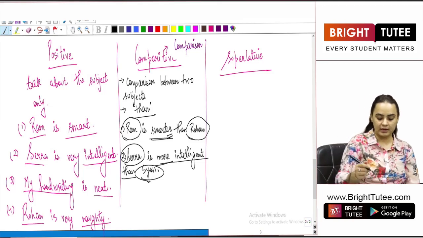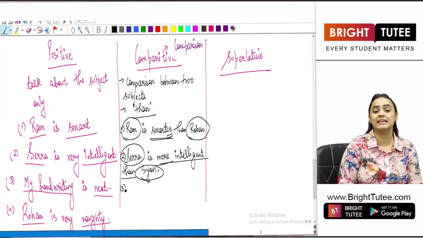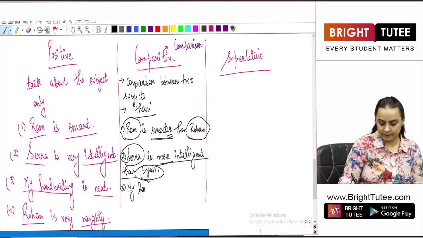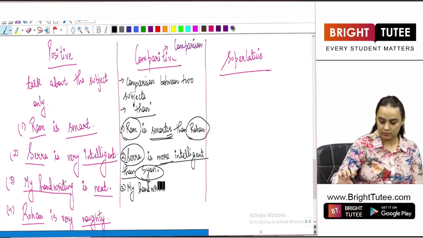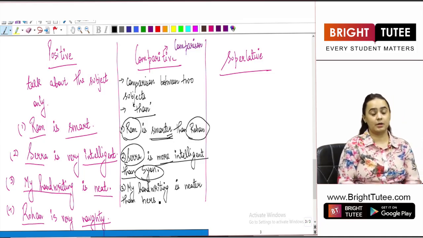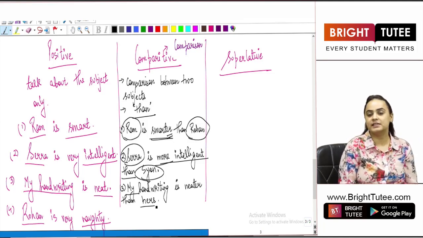Let us look at the third example. "My handwriting is neat." If I say, "My handwriting is neater than hers," I am talking about the handwriting of two people, mine as well as hers.